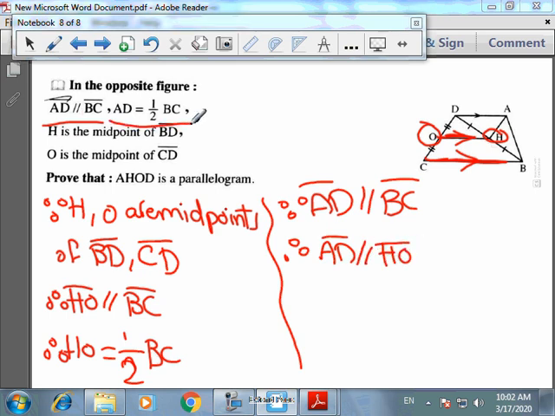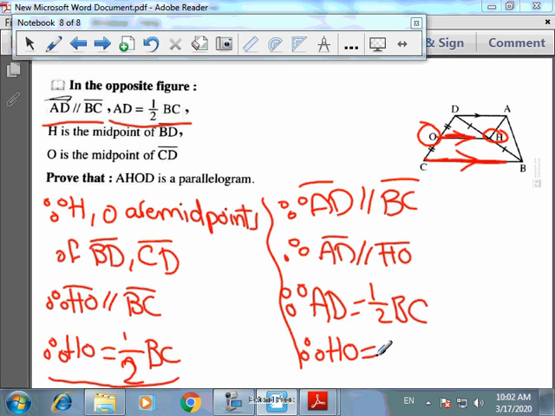Again, it's mentioned that AD equals half BC. And here I know that HO also is half BC. So if HO is half BC, AD is half BC, so HO must be equal to AD in length.